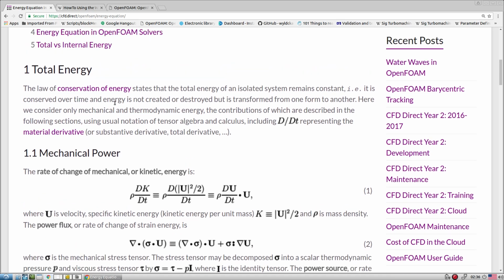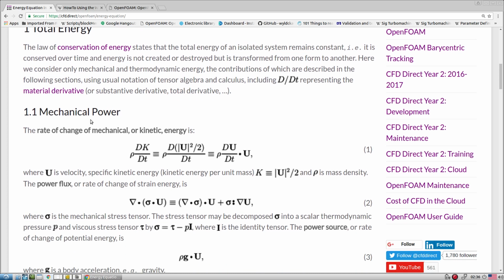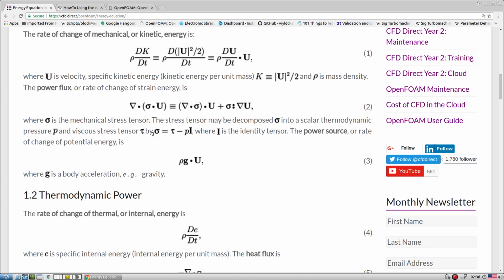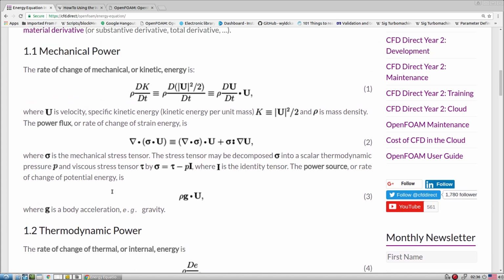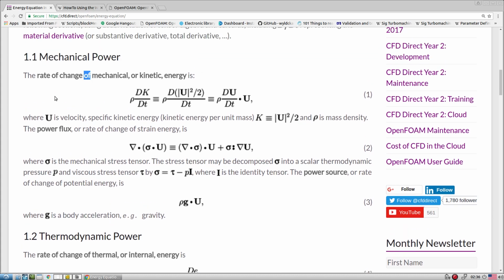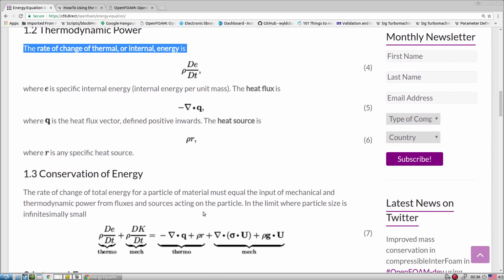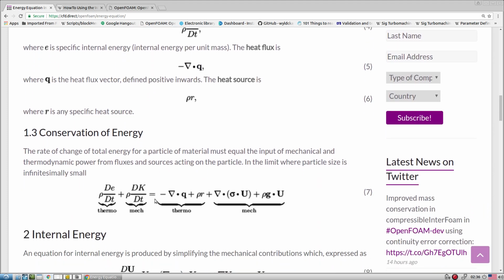Conservation of energy we know, then we have mechanical energy, or in terms of the kinetic energy, or the internal energy, the thermal energy. So the rate of change of mechanical energy or the rate of change of thermal energy or internal energy, and if we combine both of them, we get the total energy equation.